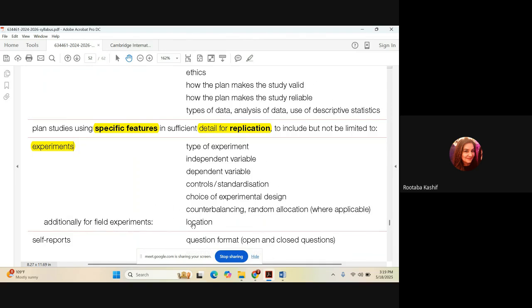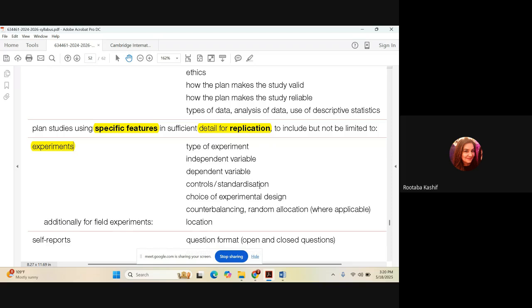The location has to be identified, and the type of experiment, lab or field. Of course, the terminology of experiments includes independent variable, dependent variable, and controls over extraneous variables so that they don't become confounding variables, like situational variables if they can be controlled, participant variables if they can be controlled, or experimenter or investigator variables if they can be controlled. They have to be mentioned.